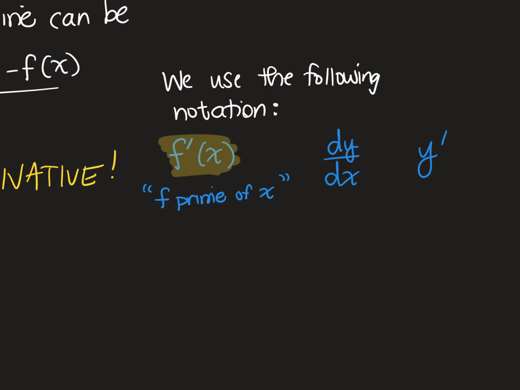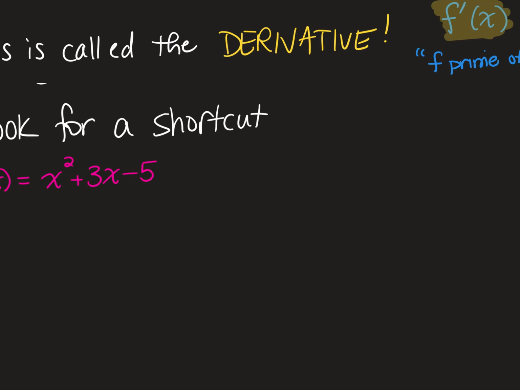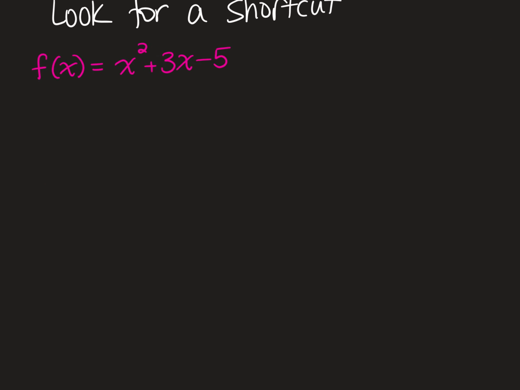So I needed that because when I give you a function, I want to be able to give you the derivative for that function. And I write that as f prime of x equals. So that is our derivative.